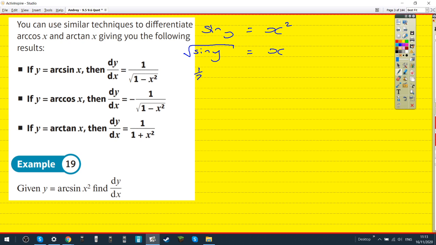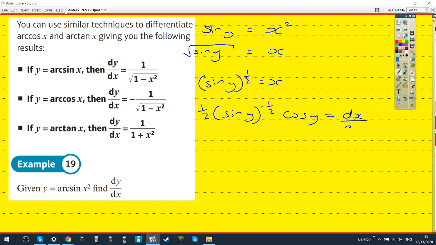That would be a half sine y and then cos y. And what would be the new power? Minus half. Yeah. Minus half cos y. That's equal to dx dy.